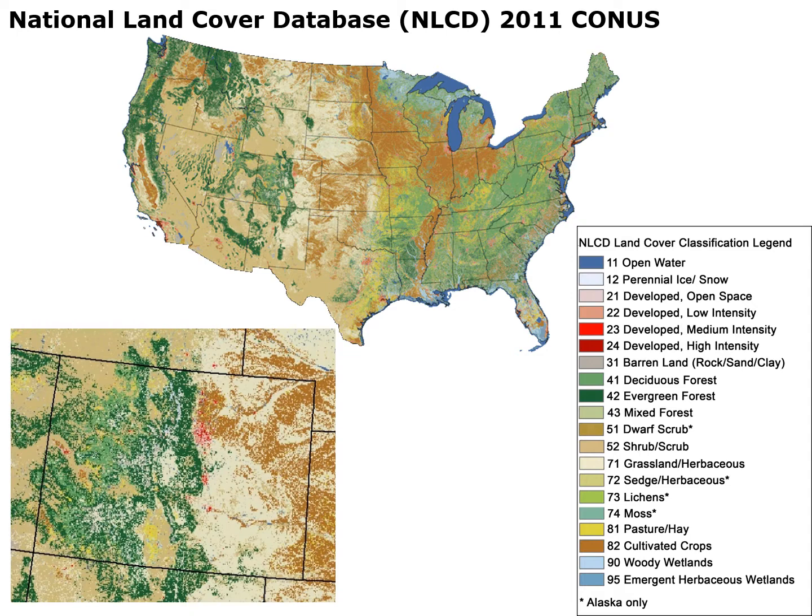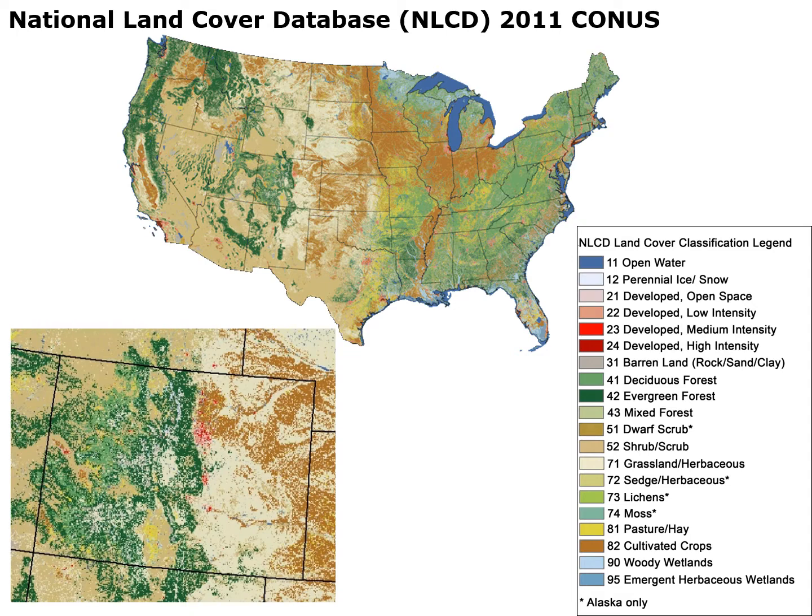So for instance, this is a very popular classification, the National Land Cover Database, that's created using Landsat data for the United States at about 5-year intervals, and it's based on roughly 16 classes that the U.S. Geological Survey has been focused on for their mapping for decades.